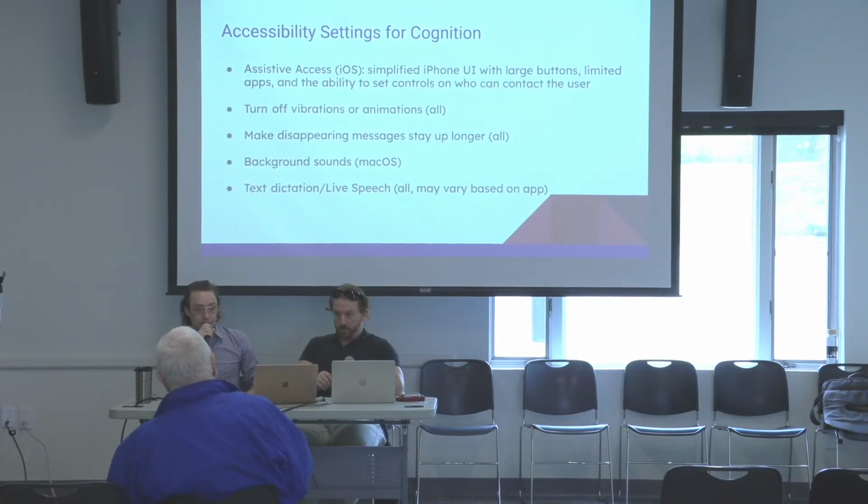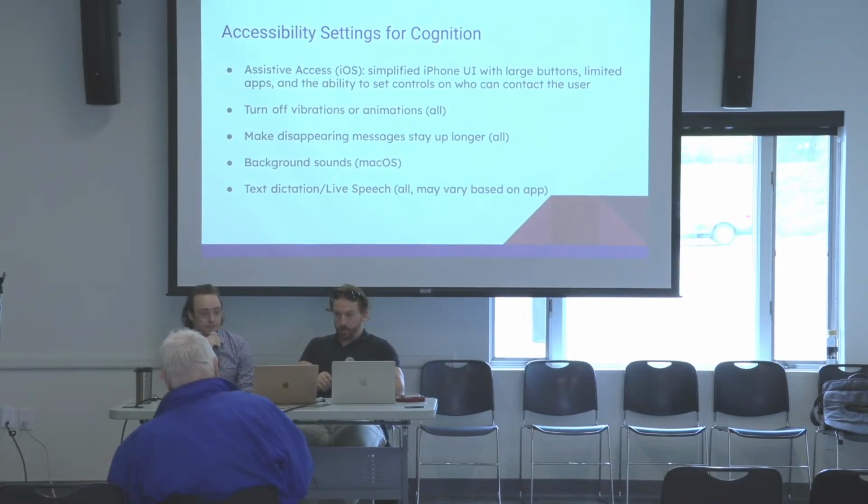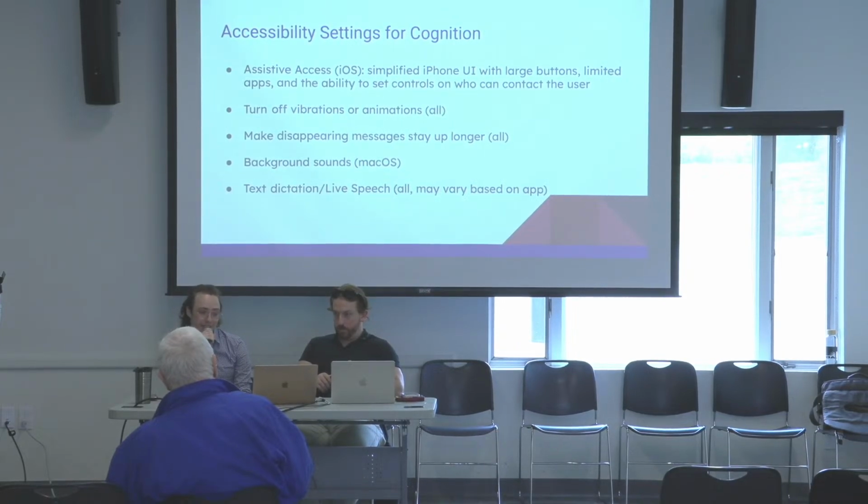So this is something that has been very interesting to the folks with IDD. Sometimes a family member will set these up, or perhaps a senior who just doesn't need a phone for that much. This simplifies the iPhone down and just makes the bare essentials much easier to find.